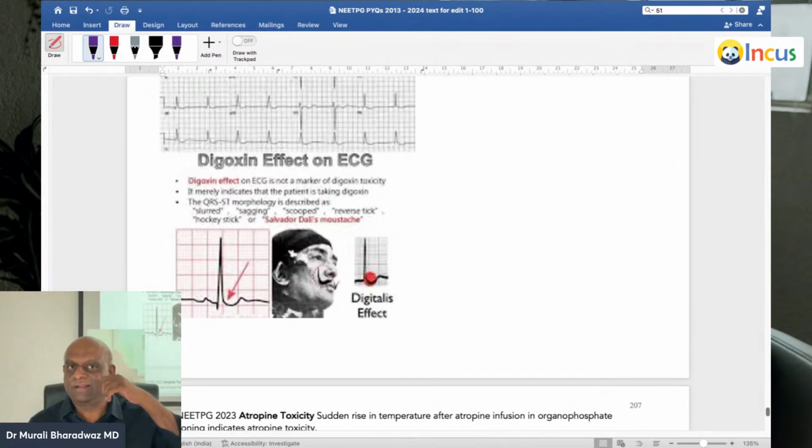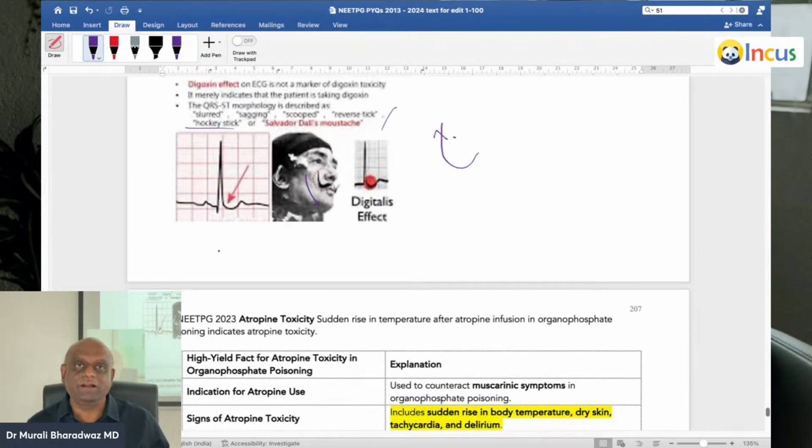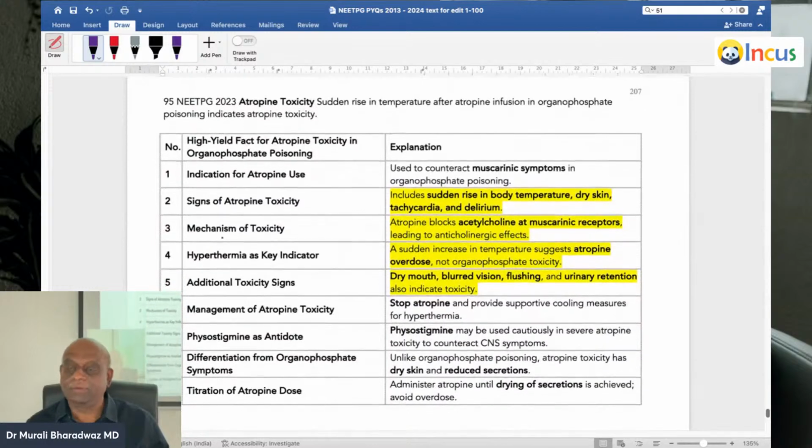Salvador Dali is a Spanish fanatic, very popular for his mustache, which is curved. Salvador Dali's mustache. Otherwise, this is called the reverse tick sign. Scooped ST, otherwise called hockey stick sign. They are the various names given for digoxin toxicity.